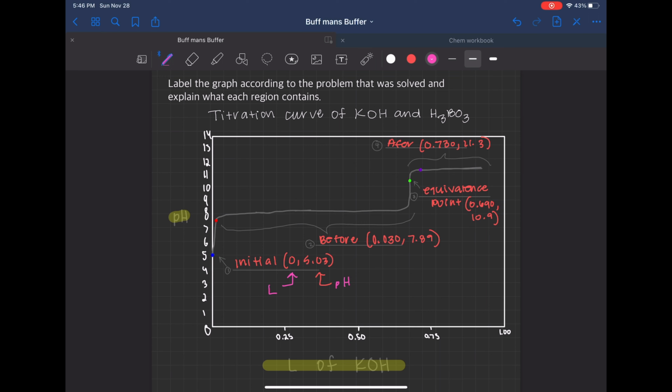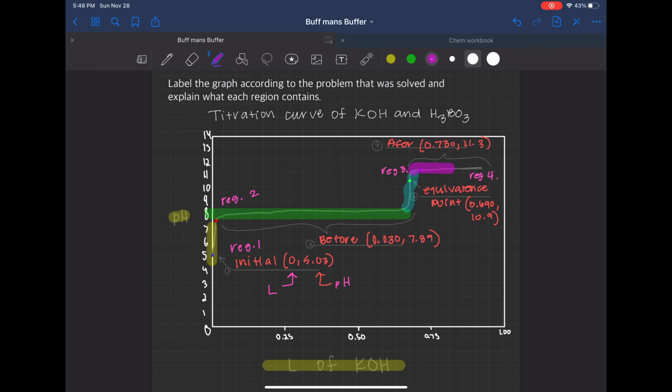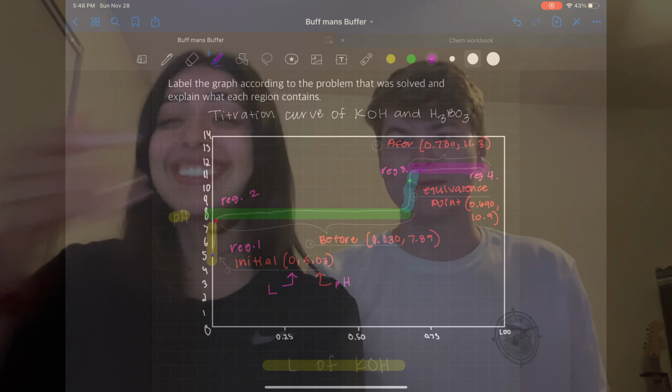So the left one's the liters, the X one, and the one on the right, which is Y, is the pH. And we have highlighted exactly where the regions are. So right here we have region 1. Region 2, right here in green. And then over here in blue we have region 3. And then region 4 after we reach our equivalence point.